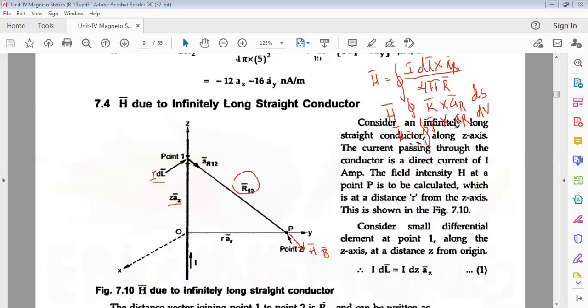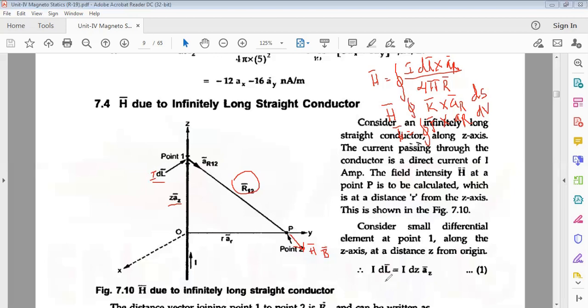So we are considering an infinite straight conductor along the z-axis. The current passing through the conductor is a direct current I. The field intensity H bar at a point P is to be calculated, which is at a distance of r from the z-axis. Consider a small differential element dl bar at point 1 along the z-axis, at a distance z from the origin.